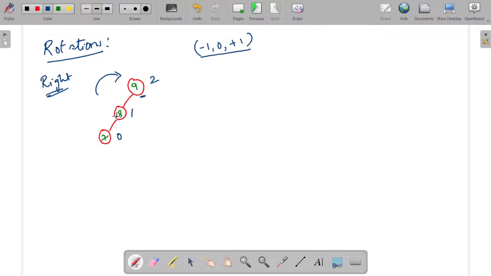So we should try and push some nodes to the right side. The middlemost value can be pushed into the parent position, this parent becomes the right child, and the left child stays a left child as it is. After performing the right rotation, the tree changes into something like this.